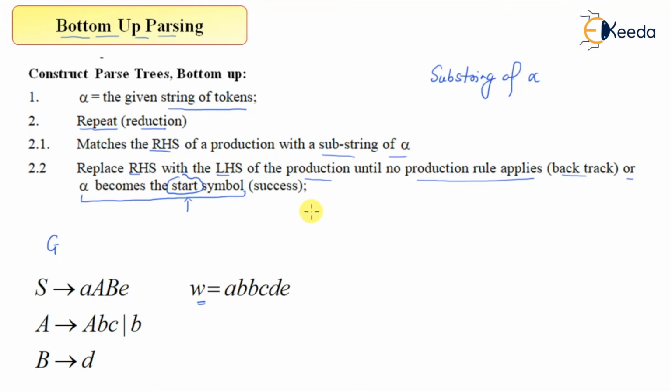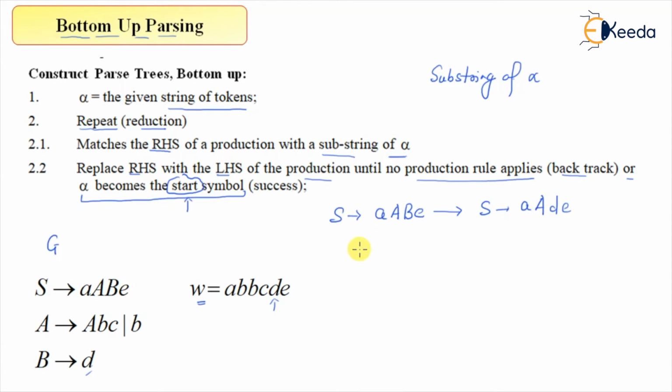Using the start symbol S, S derives a A B E. I'm taking the rightmost derivation and I'll expand this B. Here I want the symbol D, and from B to D there is only one way possible, that is B to D. So now S derives small a, capital A, and then D and E.